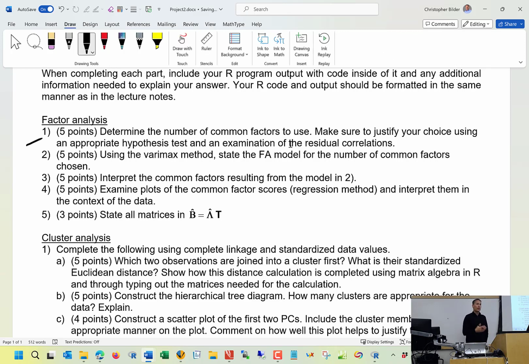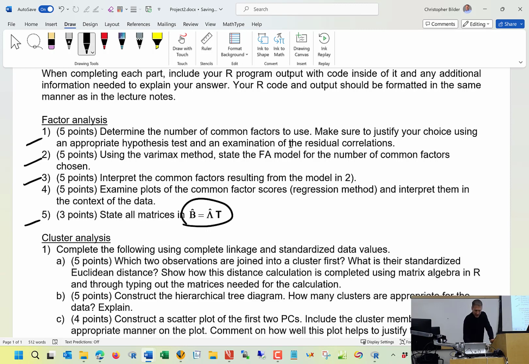Determine the number of common factors to use. We talked about that today. Use the residuals in addition to the likelihood ratio test to help make that judgment. Be able to use the Varimax method to come up with a new factor analysis model. Be able to interpret the common factors.